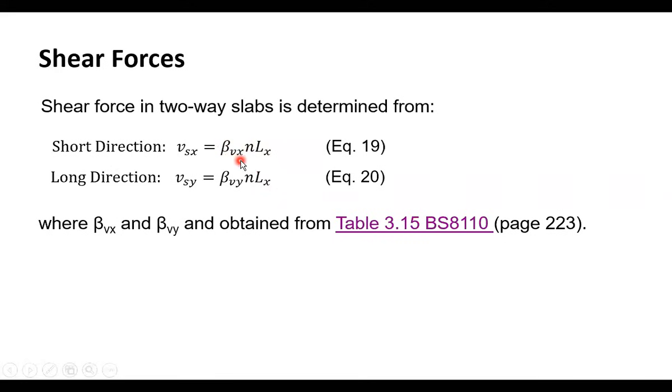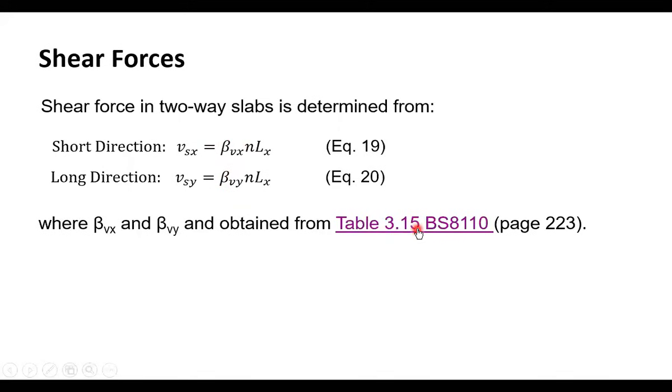And the coefficient here, instead of alpha Sx and beta Sx in the case of moment, here we have beta Vx, beta Vy, and as you know, V always refers to shear. Okay, so how to find this beta Vx and beta Vy?